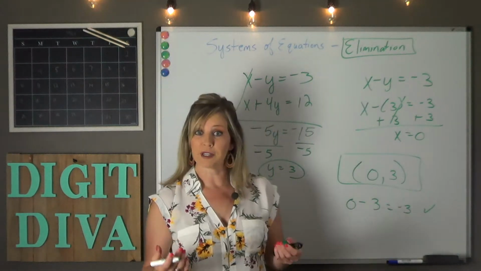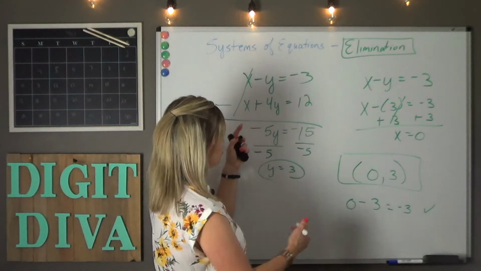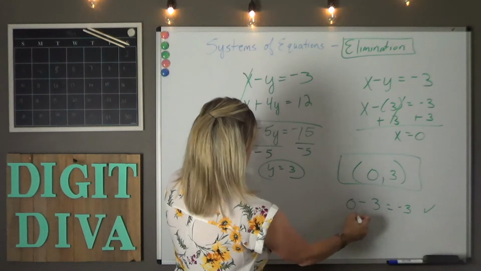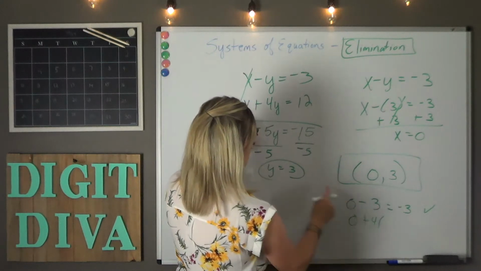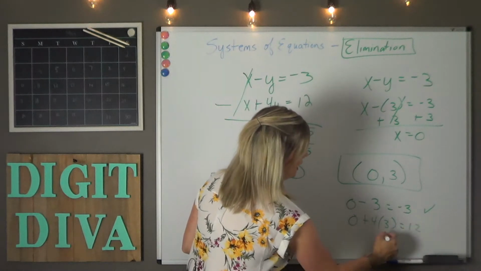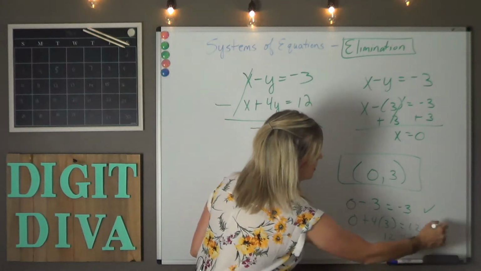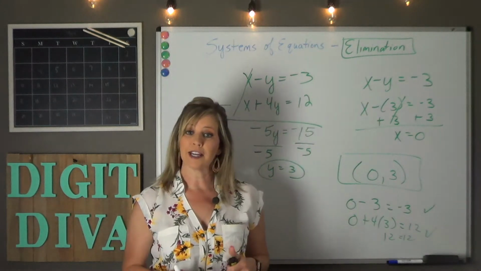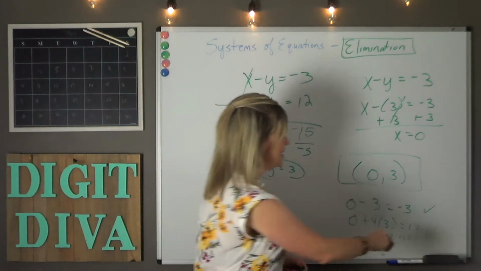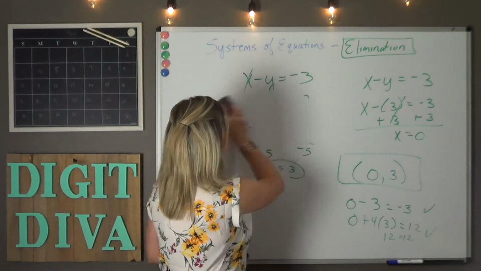Again, just to reinforce this, I'll use the bottom one. So I have x, which is 0, plus 4 times y, which is 3, is equal to 12. And does that check? Absolutely. Again, that's how you can check your solution to make sure you're correct. Okay, so let's move on to our next example.